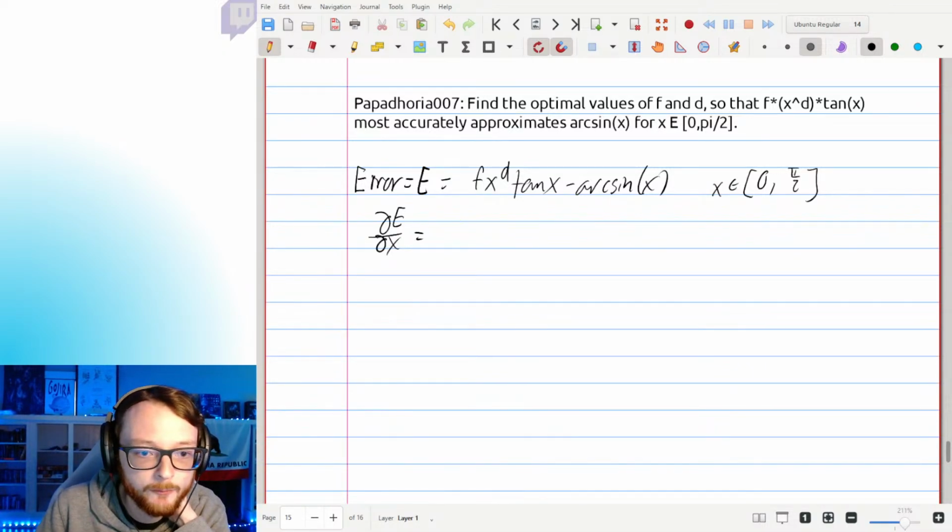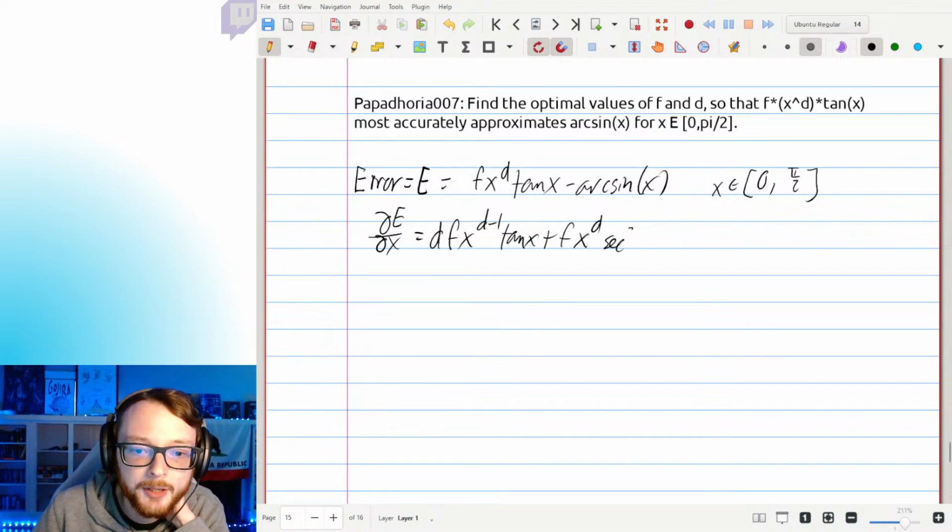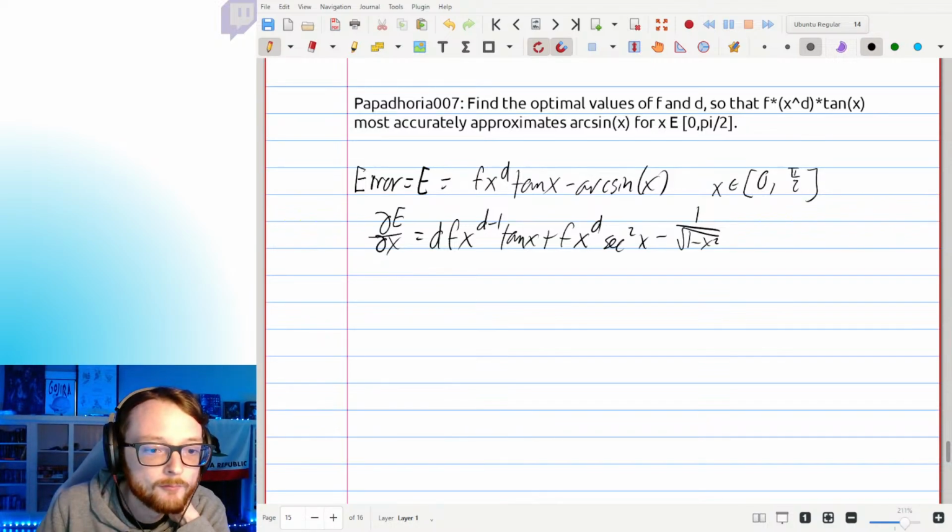I chose the hard one first for some reason. Fx to the d secant squared x. Actually, wasn't too hard.